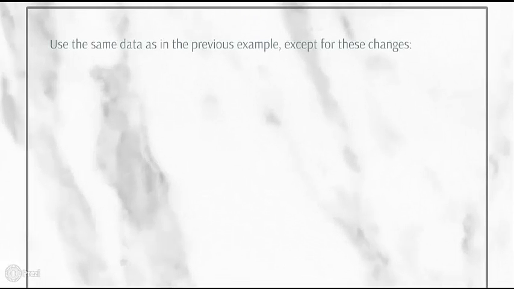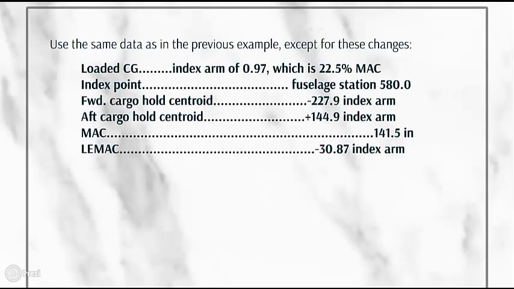Use the same data as in the previous example, except for these changes. Loaded CG, index arm of 0.97, which is 22.5% MAC. Index point, fuselage station 580.0. Forward cargo hold centroid, negative 227.9 index arm.